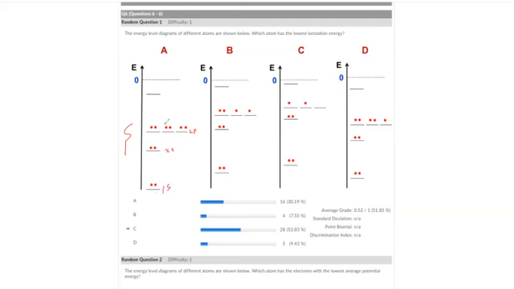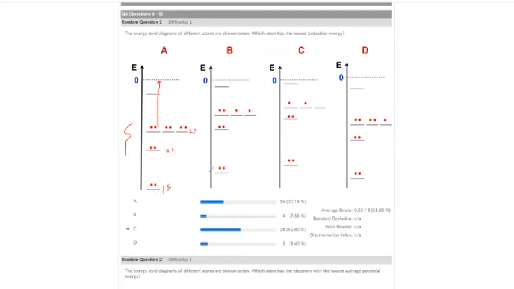If you want to remove an electron from 2p, you're moving one electron from here until the potential energy of that electron is zero. That means the attraction between that electron and the nucleus is zero.